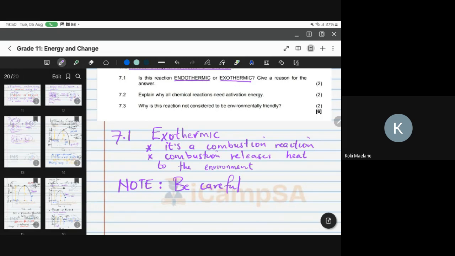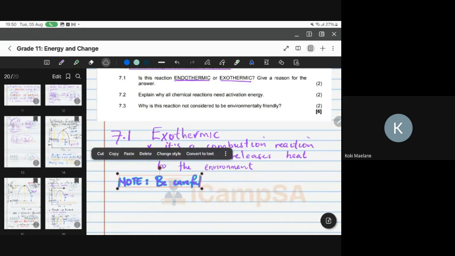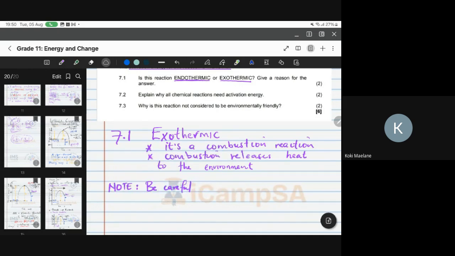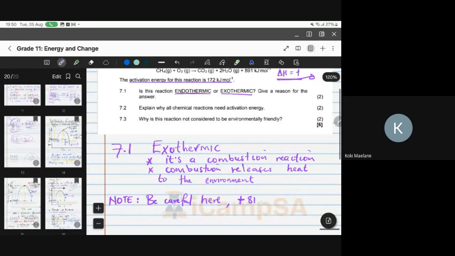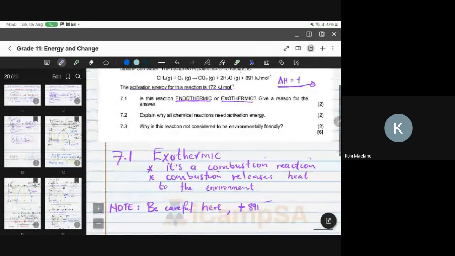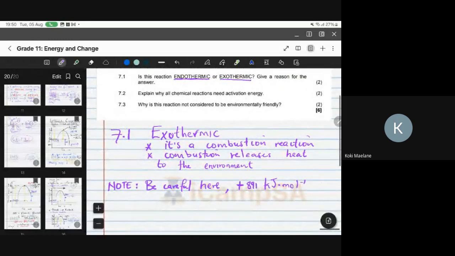It's very important. The heat that is released and the enthalpy change are not the same. Be careful.